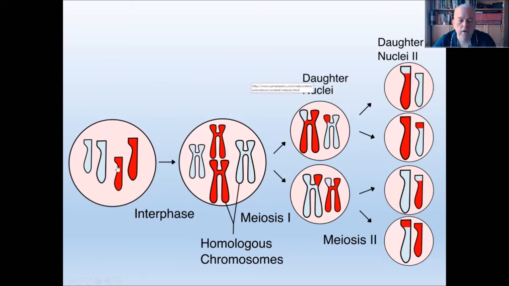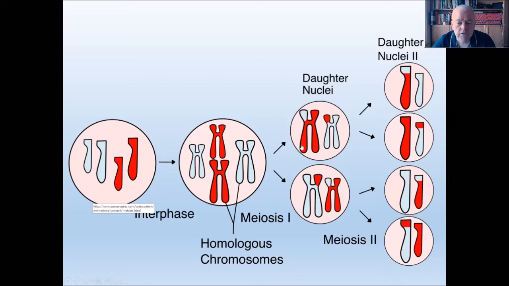Just to summarize really quickly, going through the process, we start with our interphase where we replicate the DNA, semi-conservative replication. We then have our homologous chromosomes that pair up and undergo some form of crossing over.